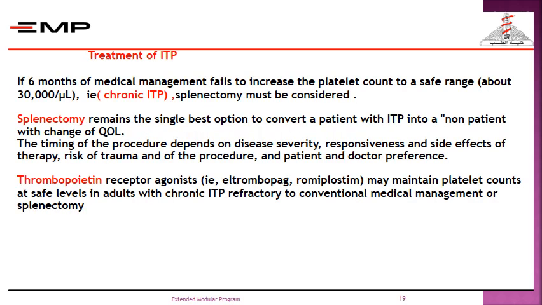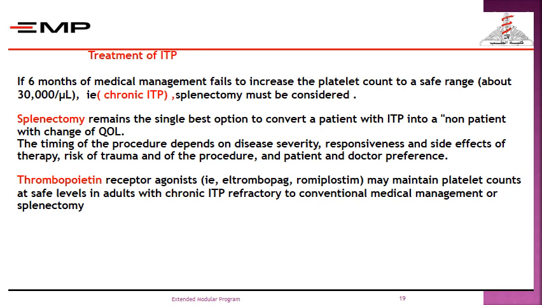If 6 months of medical management fail to increase the platelet count to a safe range, so the case now is chronic ITP, we have to consider splenectomy.